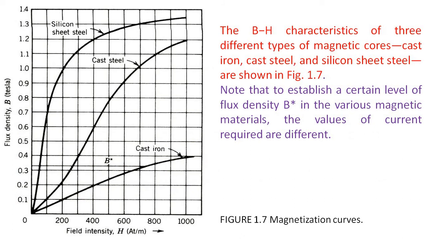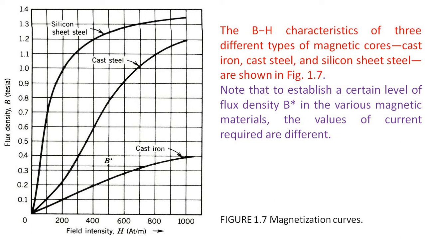The BH characteristics differ for different types of magnetic cores. Cast iron, cast steel and silicon steel are shown in the figure. Note that to establish a certain level of flux density B in the various magnetic materials, the values of current required are different. So it represents flux density and magnetic field intensity. Cast iron shows linear variation, and cast steel shows linear variation to saturation.